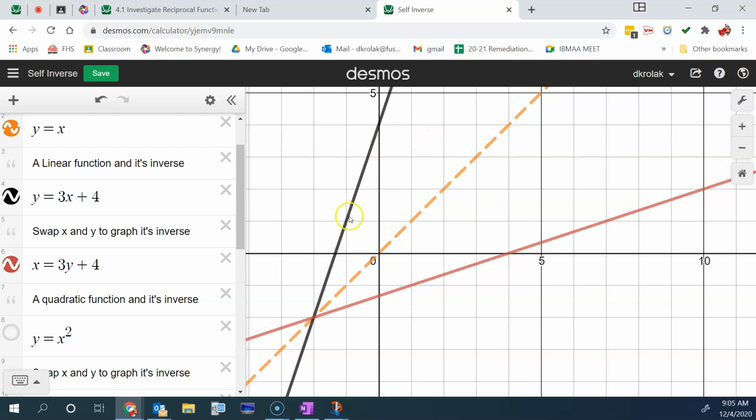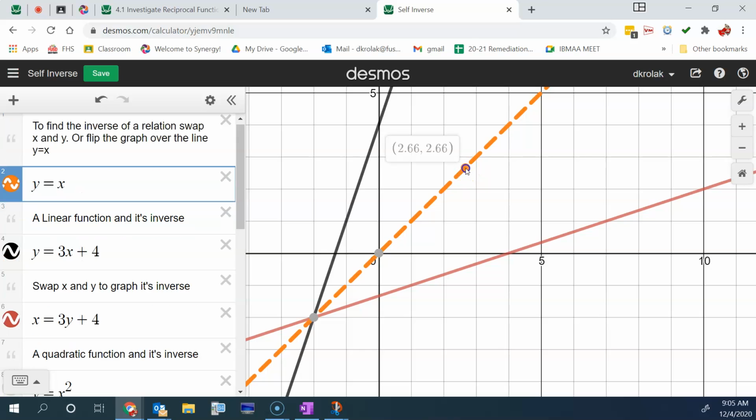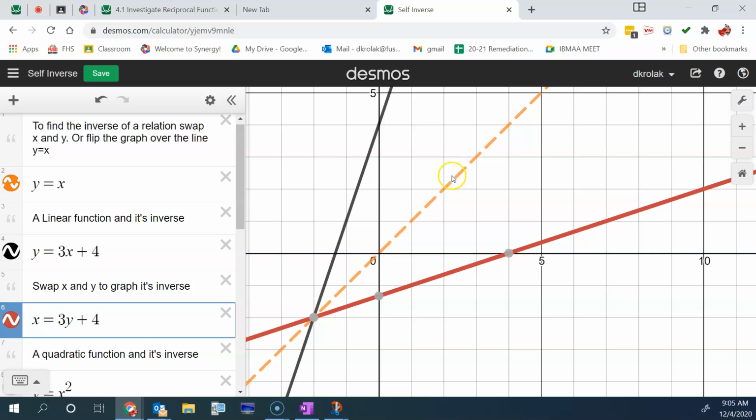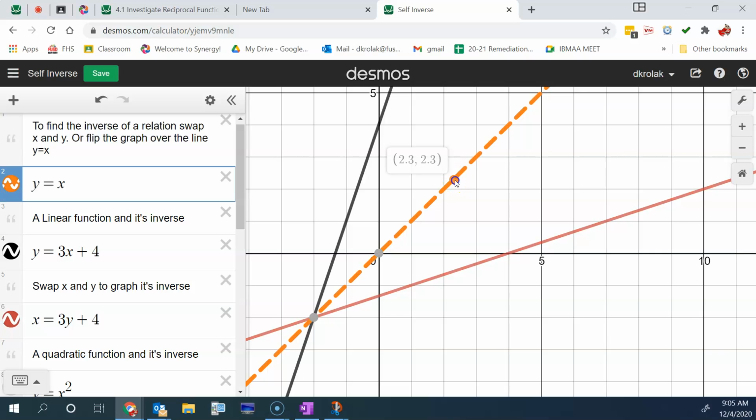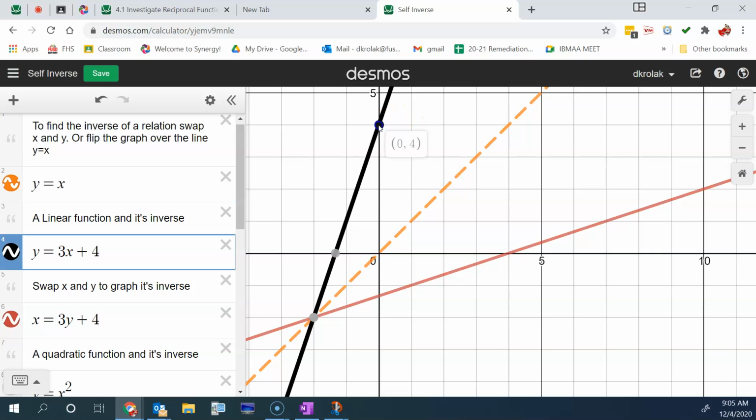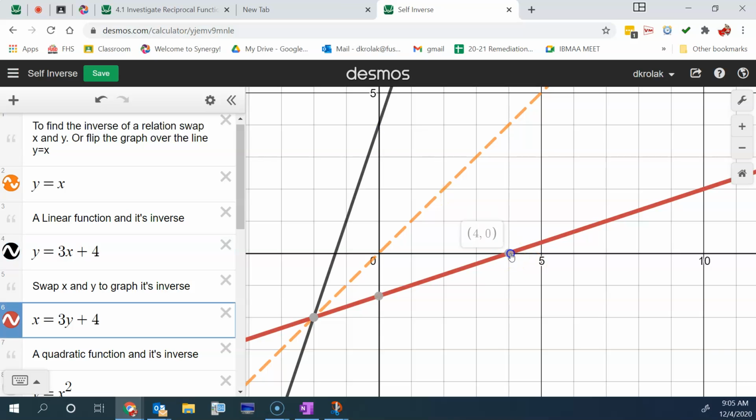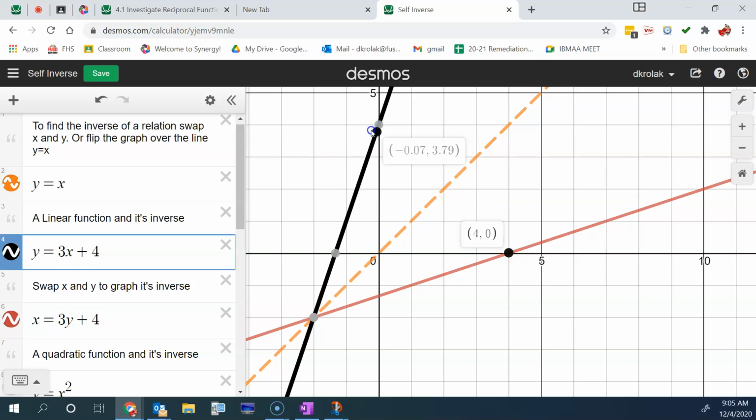So the distance that a point is from the line, from this point up here to this dotted line, is the same. So this point right here flips to that point. And you see all that happens? The x and the y switch places. All right, so that's the graph and its inverse.